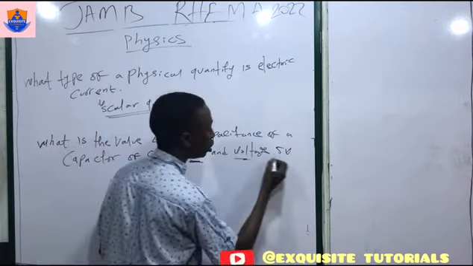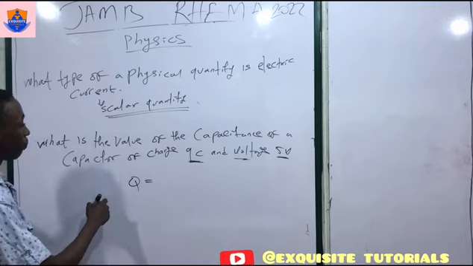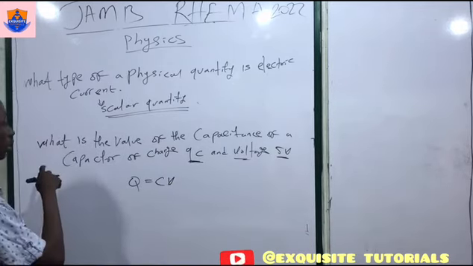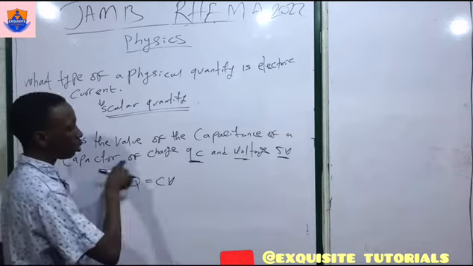We know that Q is related with capacitance and voltage by this formula, and they say what is the value of the capacitance of a capacitor of charge 9C?